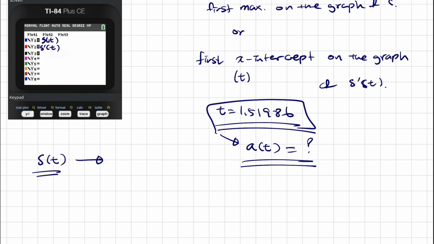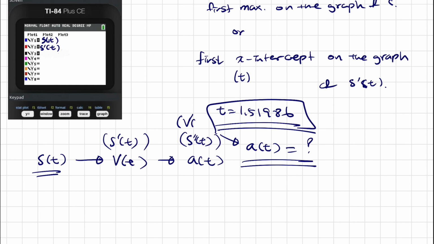We differentiated the original displacement equation s of t to find the velocity. Then to find the acceleration, we need to differentiate again, so we need the second derivative of the displacement, or the first derivative of the velocity.